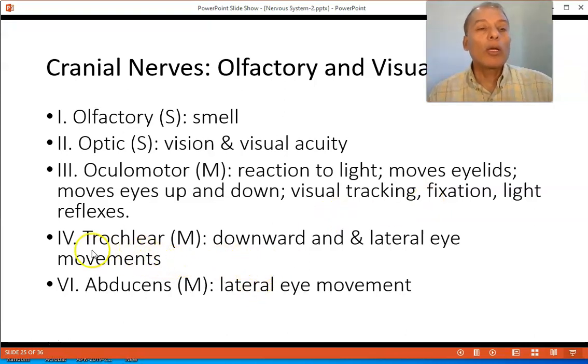And then the trochlear nerve, cranial nerve 4, is for downward and lateral movement of the eyes. Number 6 is the abducens, which is for lateral eye movements. So we only need to know this in the most general terms.